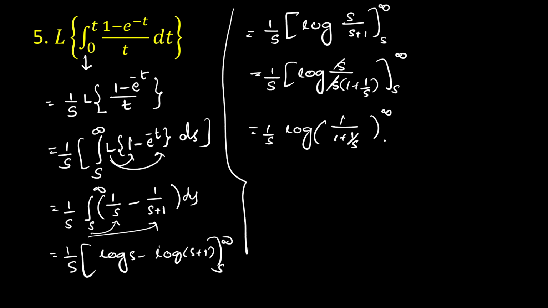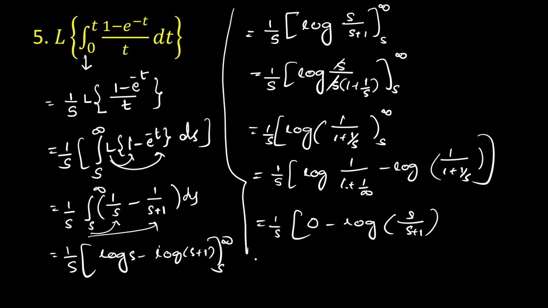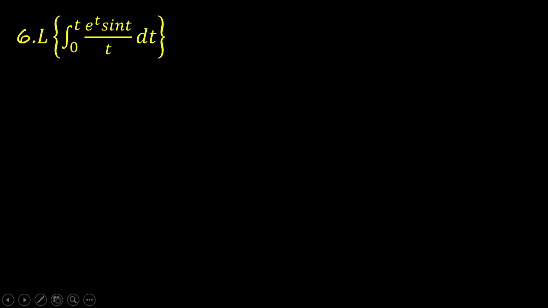Apply the upper limit and the lower limit: 1 by s of log of 1 by 1 plus 1 by infinity, minus log of 1 by 1 plus 1 by s. Here 1 by infinity value is 0, 1 by 1, log 1 value 0, minus log of, which can be written as s by s plus 1. So minus 1 by s into log of s by s plus 1. Clear?